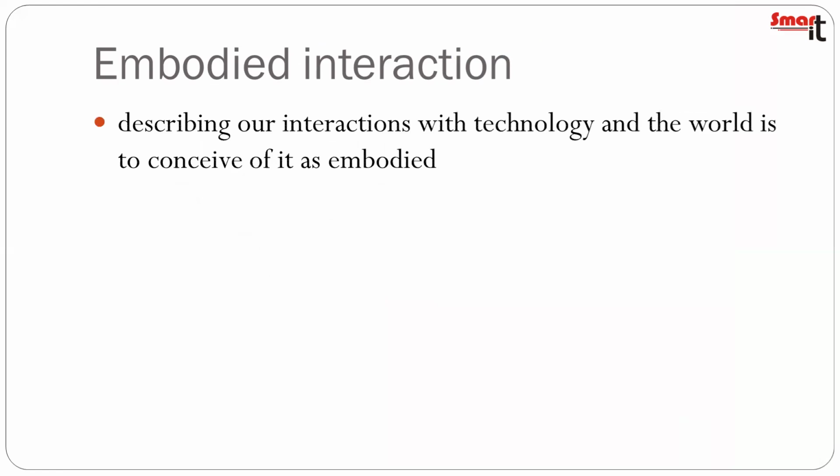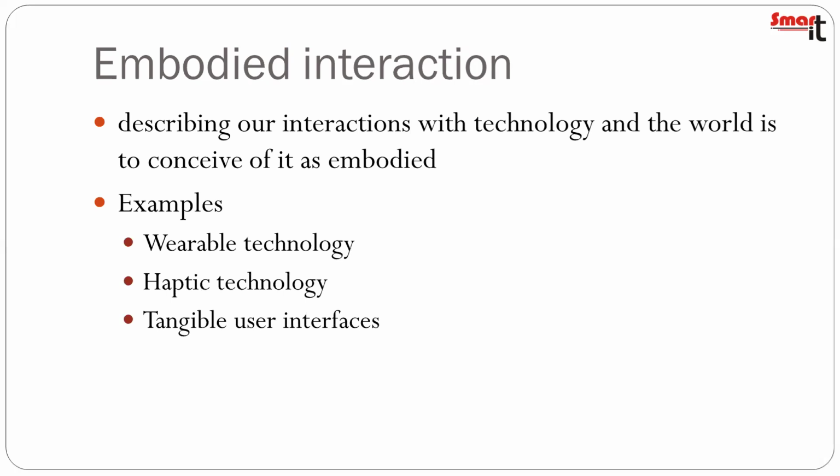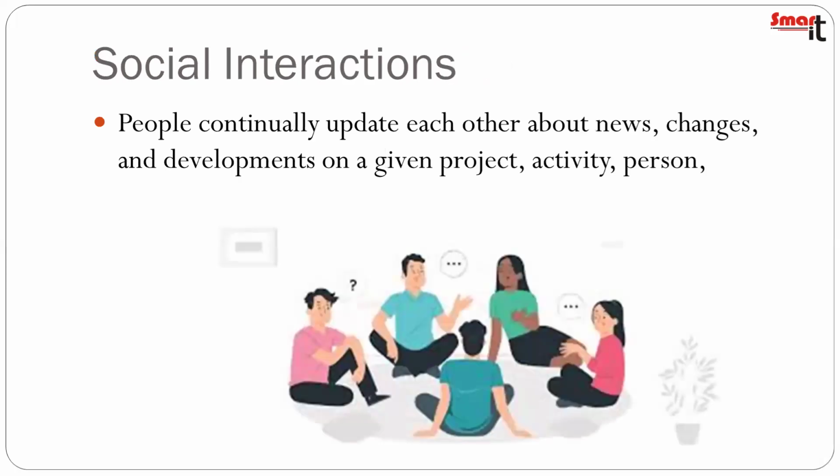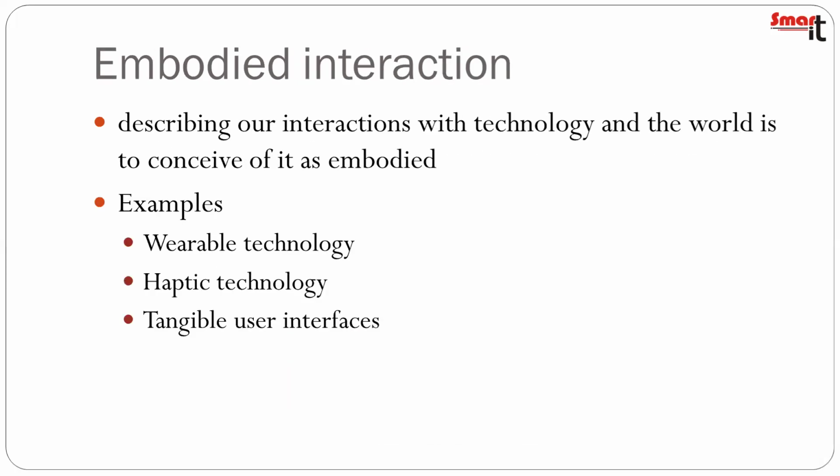Right. Then embodied interaction. Embodied interaction is about interaction technology, where the world is conceived of as embodied. For example, wearable technology, haptic technology, and tangible user interfaces are some of the examples of embodied interaction. To get more idea about this, we'll take them one by one. Wearable technology, you already know.